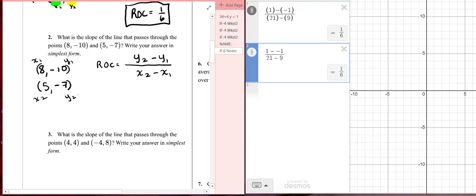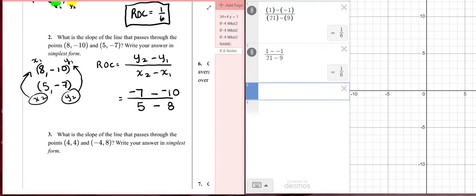And so it's going to be y2 minus y1, okay? So it's going to be negative 7 minus a negative 10 over x2 minus x1, so 5 minus 8, right? Typing this into the calculator, right, the fraction bar, and so it's negative 7 minus a negative 10 over 5 minus 8, and that gives us negative 1.